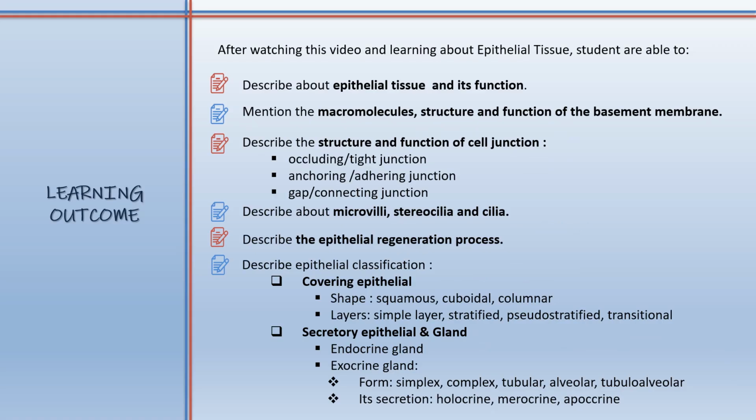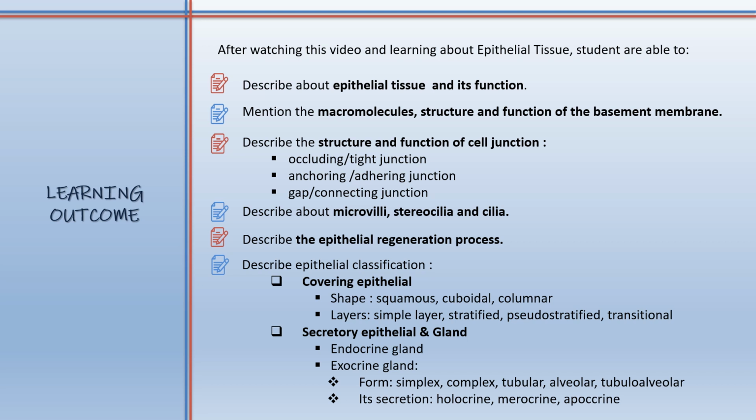This is the learning outcome of epithelial tissue. After watching this video and learning about epithelial tissue, students are able to describe epithelial tissue and its function, mention the macromolecule structure and function of the basement membrane, and describe the structure and function of the cell junction.